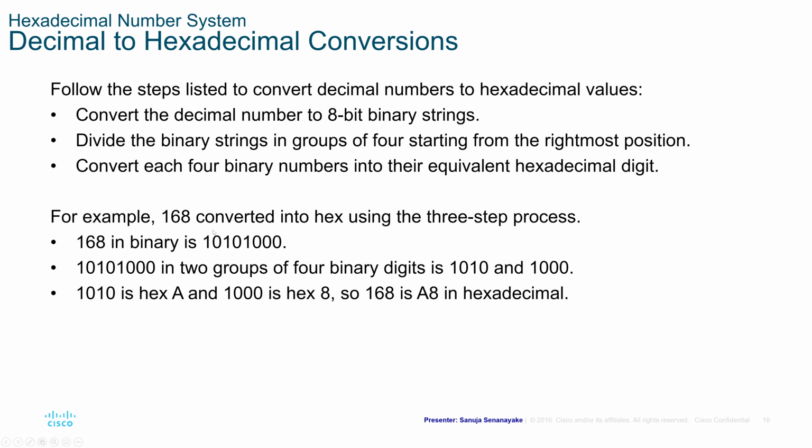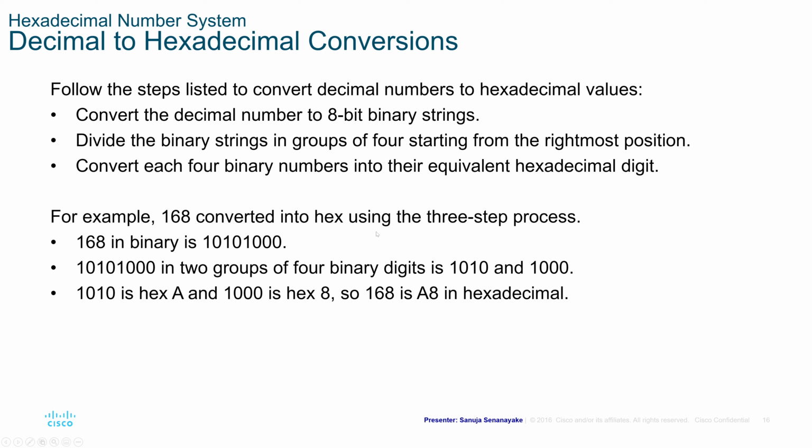For example, if you have 168, which is the first octet of an IPv4 address, and you want to convert it into hex using these 3 steps, we take 168 and convert it to binary, which is 10101000. Then we split it into 2 groups of 4 binary digits, which are 1010 and 1000. 1010 in hex is A, and 1000 in hex is 8. So 168 can be represented as A8 in hexadecimal.